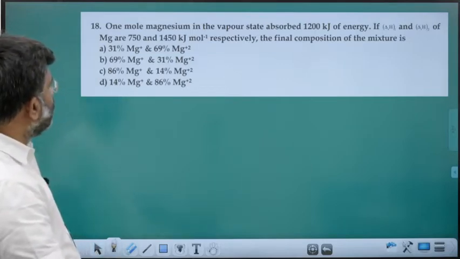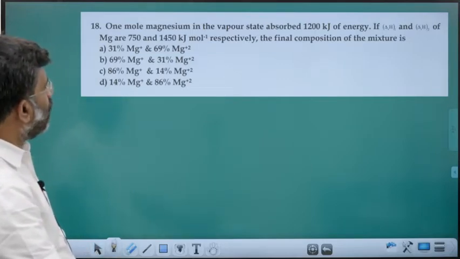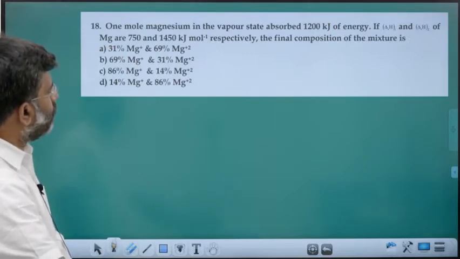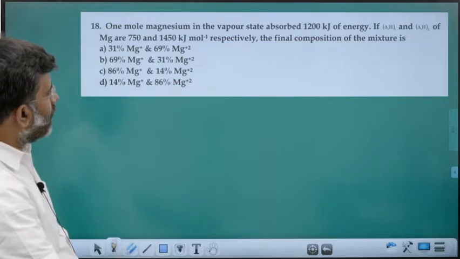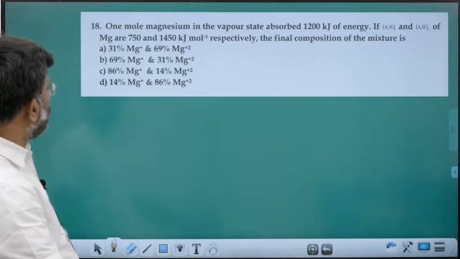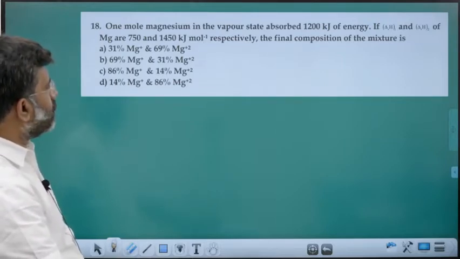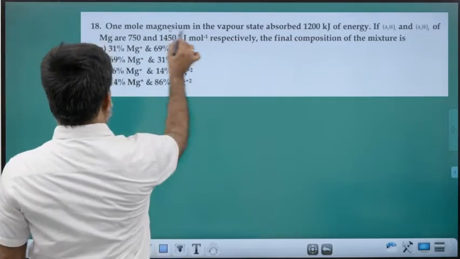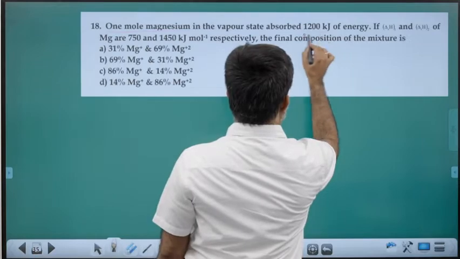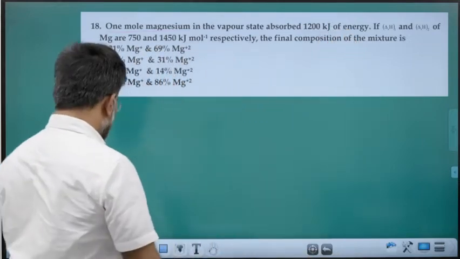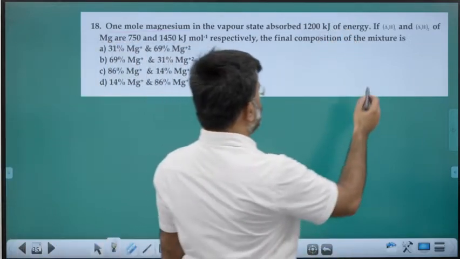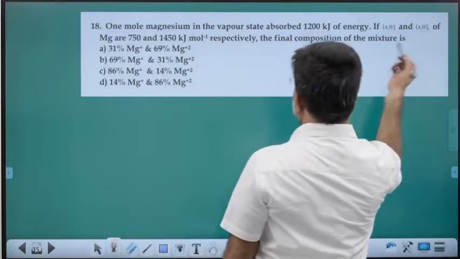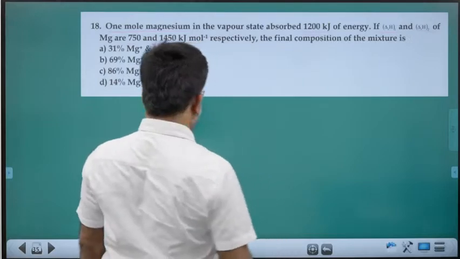1 mole magnesium in the vapor state absorbed 1200 kilojoule of energy. Delta H I1 and delta H I2 of magnesium are given. What is the final composition of the mixture? You see, the first ionization enthalpy is 750, the second ionization enthalpy 1450.